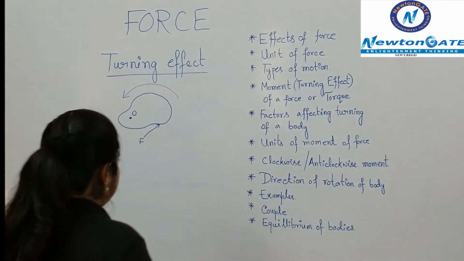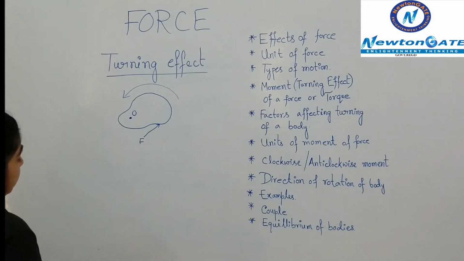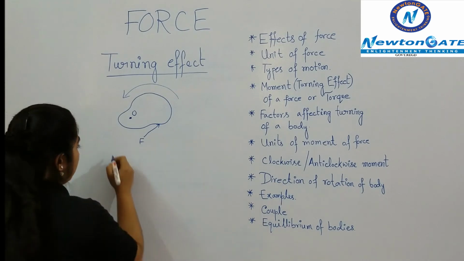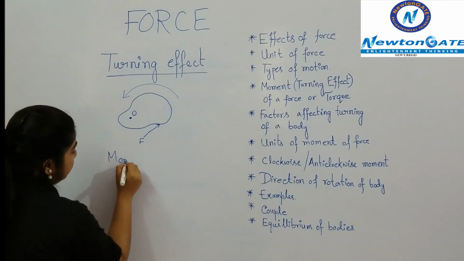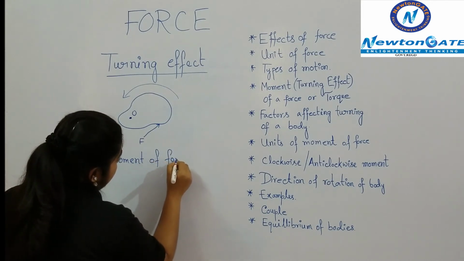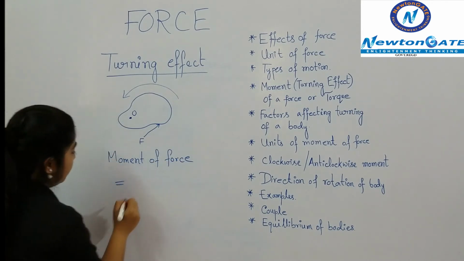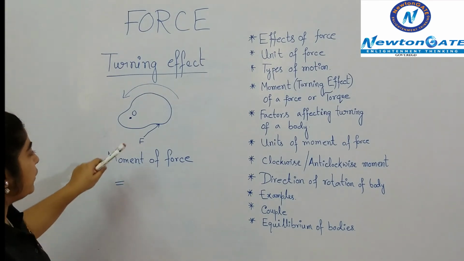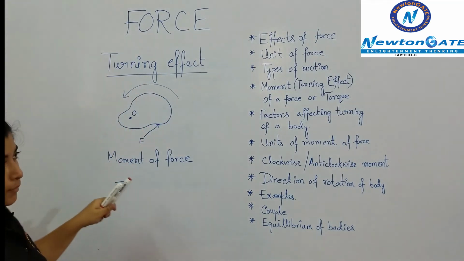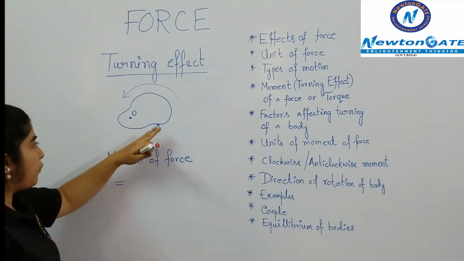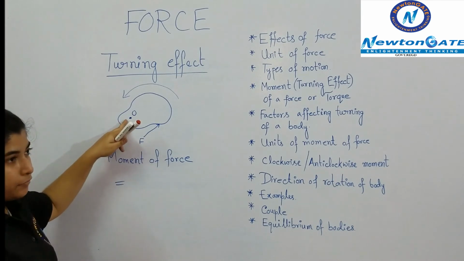So what will be the torque or moment? This moment of force is equal to the magnitude of the force applied multiplied by the perpendicular distance between the line of action of the force and the point at which it is fixed.